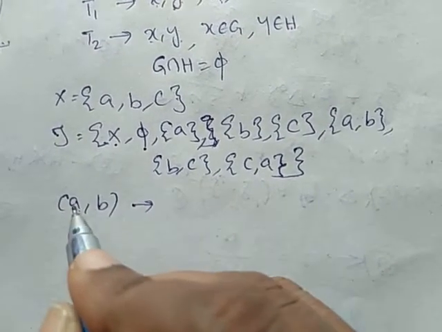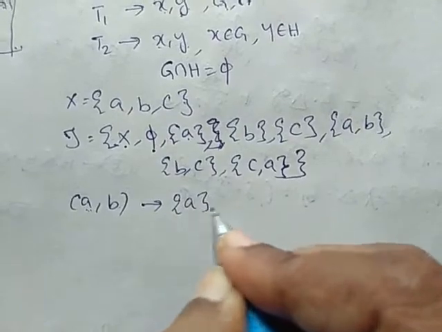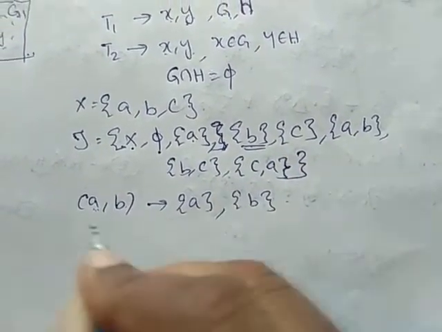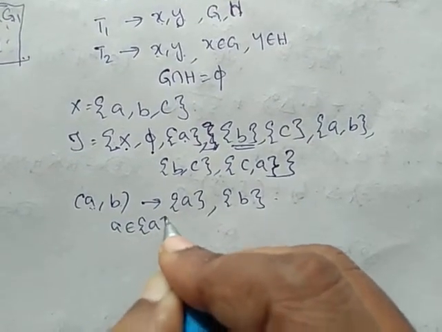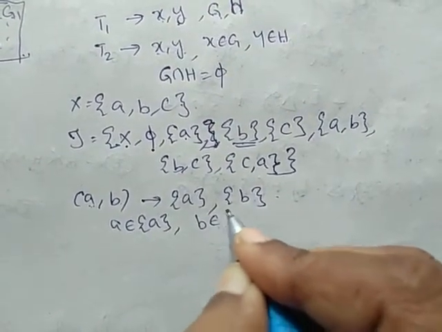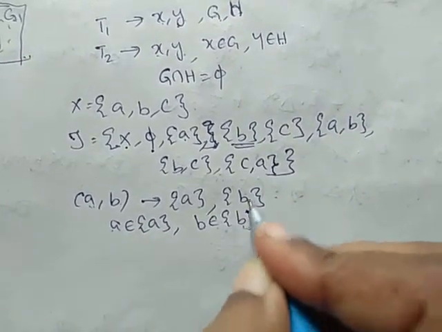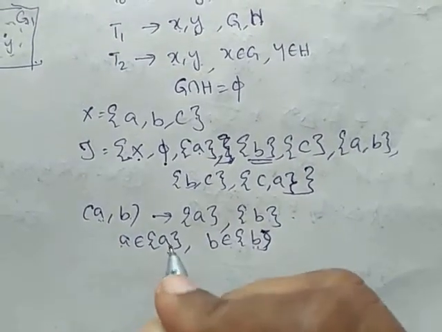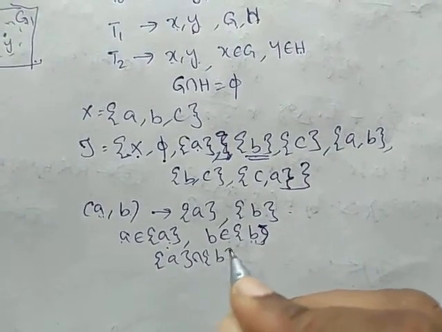So if we consider A and B, there exist open sets such that A belongs to one and B belongs to the other. Also A does not belong to the open set containing B, and B does not belong to the open set containing A. Similarly, the intersection of the two open sets is null.